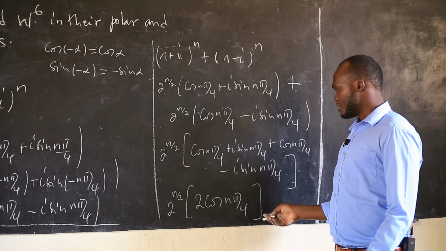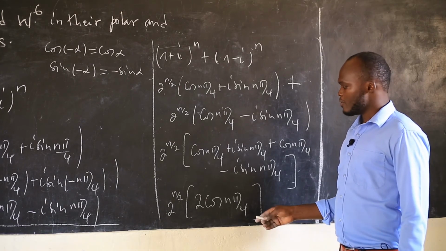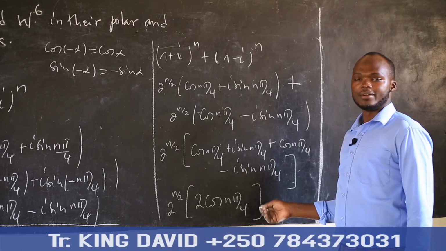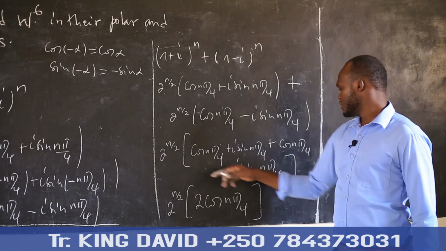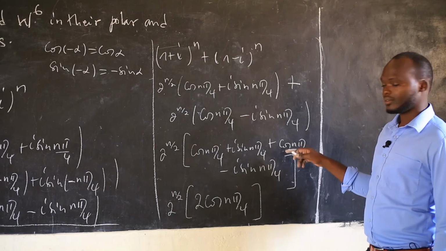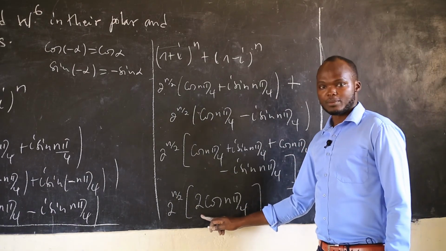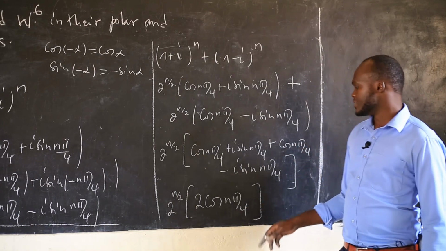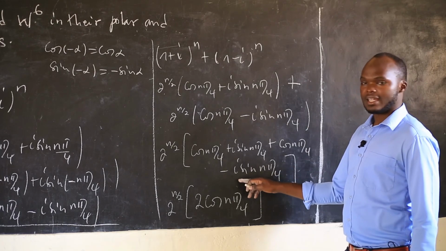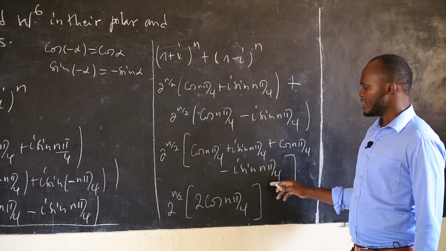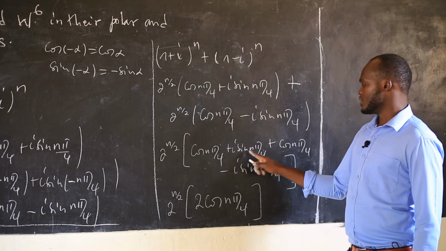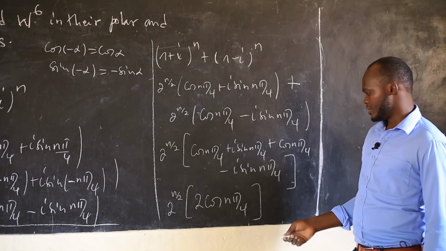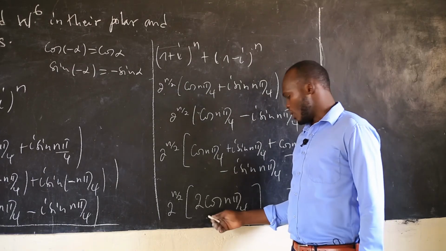Remember, when you have addition of complex numbers, we add real parts together and we add imaginary parts together. The real part is cos n pi over 4 and cos n pi over 4, so we have 2 cos n pi over 4. The imaginary part is i sine n pi over 4 and negative i sine n pi over 4. They are the same with different signs, so this minus this is 0. So we just remain with 2 cos n pi over 4.